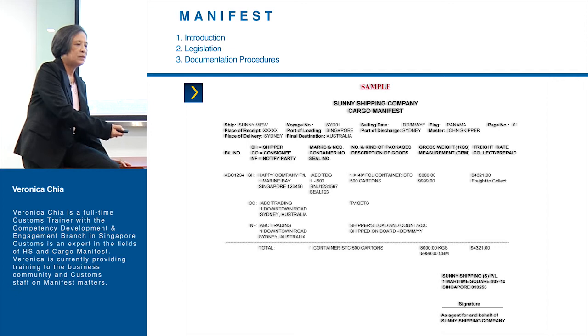Then we have the next column, which is the ocean bill of lading, a master. This will be identifying the cargo itself. Followed by the next column, the goods shipped by a shipper, the actual shipper itself from Singapore. And we have the consignee's name with the notifying party.